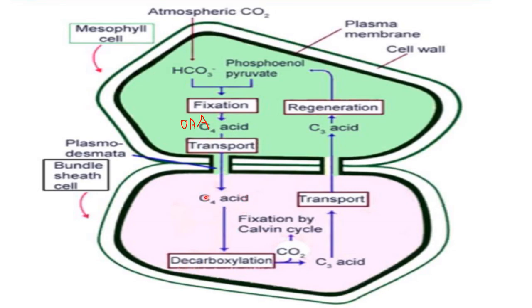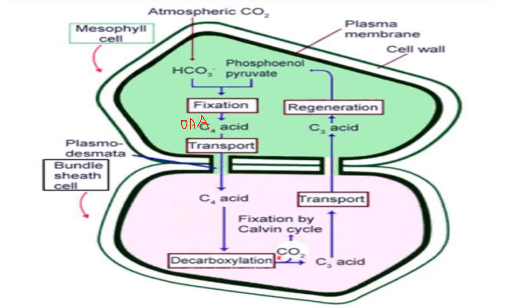So from this C4 acid, carbon dioxide is removed. There are 4 carbons in the C4 acid, so 1 carbon is removed here, that's why it will become C3 acid, a molecule having 3 carbons.